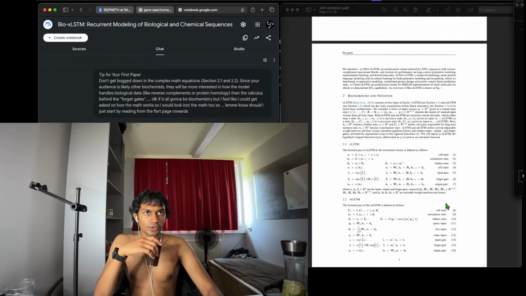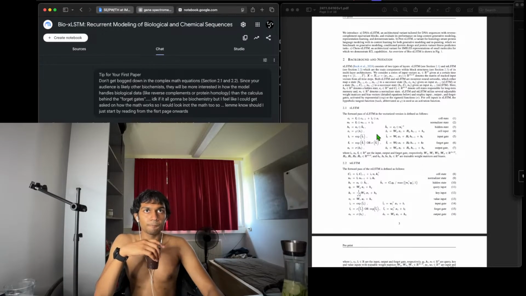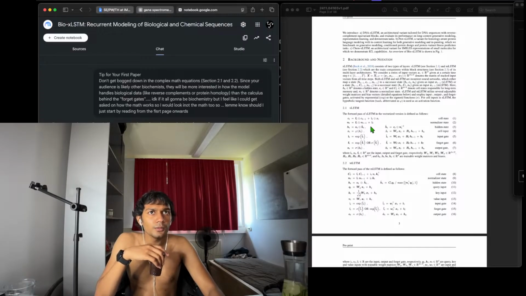So I'm a bit confused on how to start with this paper. And look at this, we got some formulas. C_t equals f_t dot C_{t-1}... no, it was t, it's not 1.